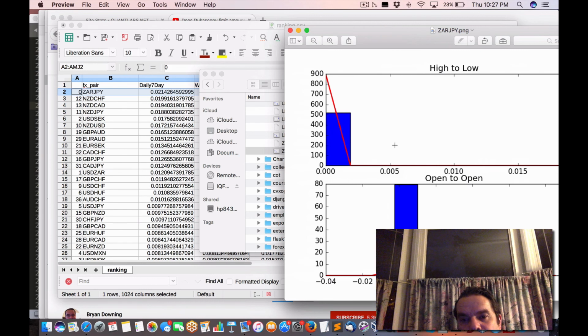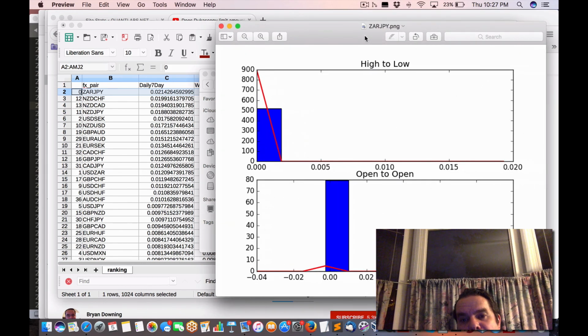So right there you could tell there's a lot of volatility happening. The majority of this is supposed to be normally distributed, and the majority of the trades and returns are statistically in this range.